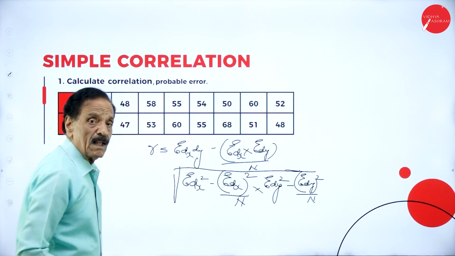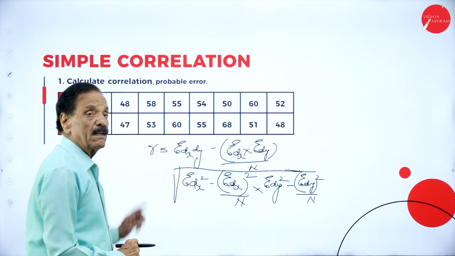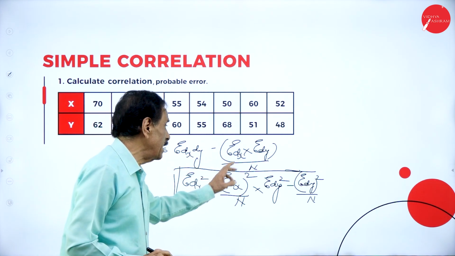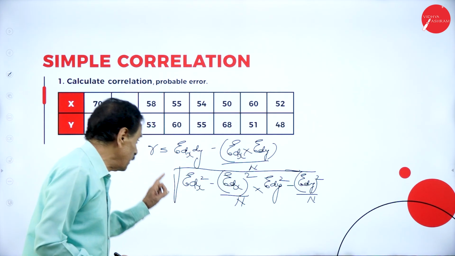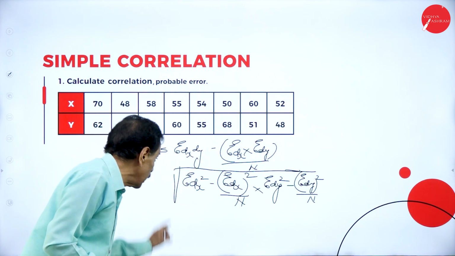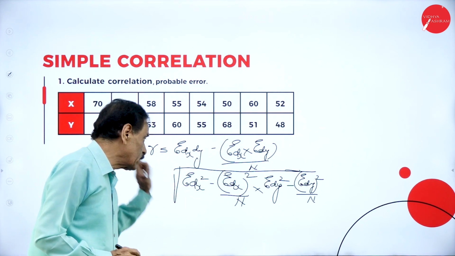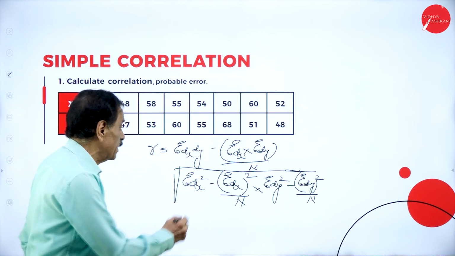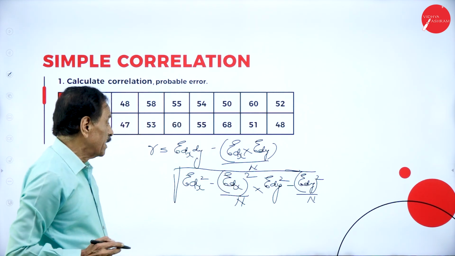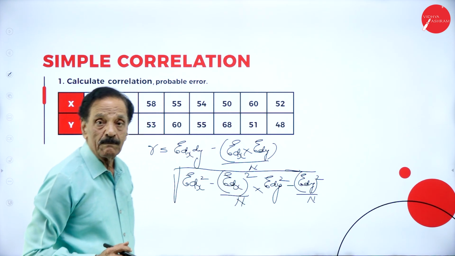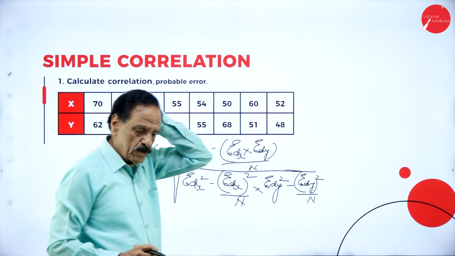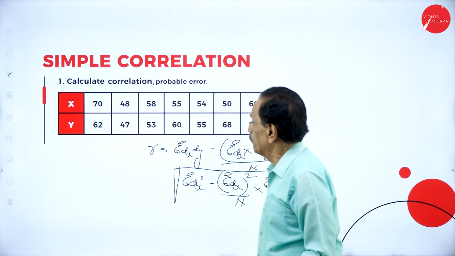What's the formula? R means correlation is equal to sigma dx dy minus sigma dx into sigma dy divided by n, divided by square root of sigma dx square minus sigma dx whole square divided by n. There is no square for n. Sigma dy square minus sigma dy whole square divided by n. So we start with the problem now.